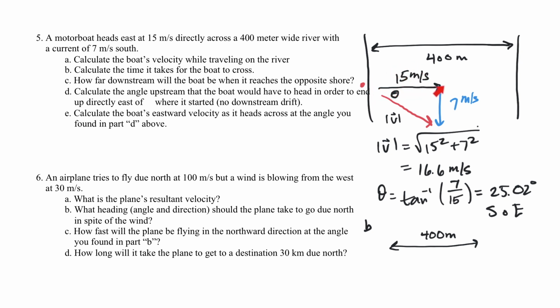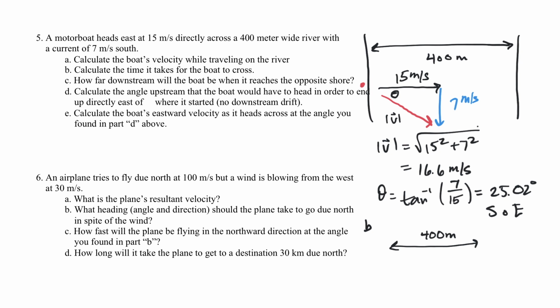It's moving 15 meters per second this way. Even though the boat is moving in a diagonal fashion, it's still going 15 meters per second from left to right. It's still going 7 meters per second down the river. That is exactly how it moves. And if I'm curious about how long it takes to go across, then I only need to know about that particular velocity.